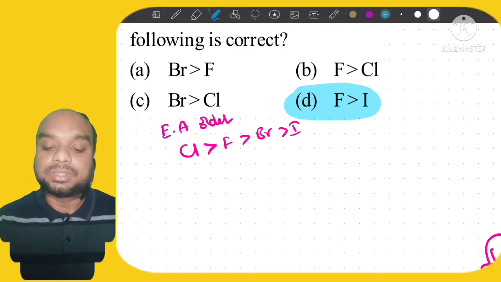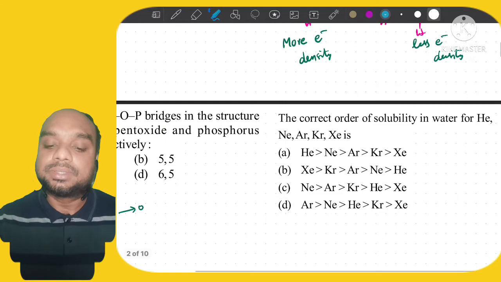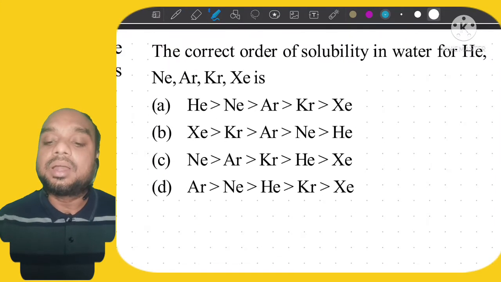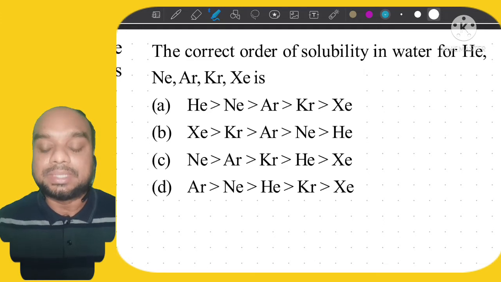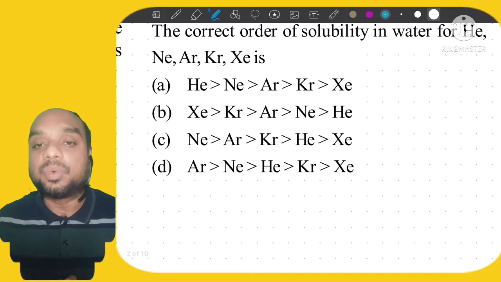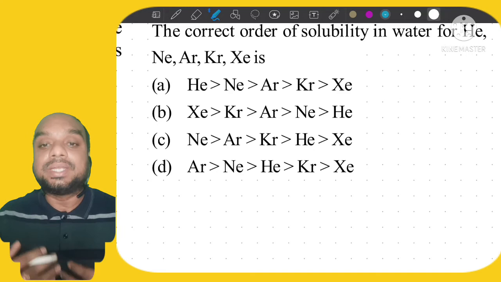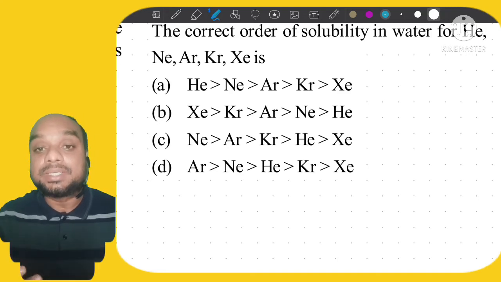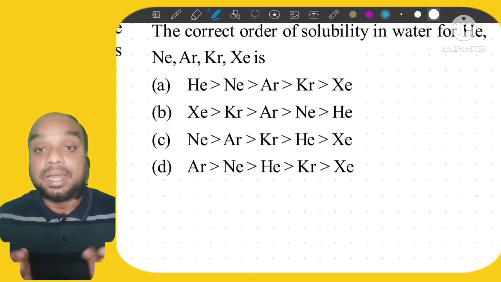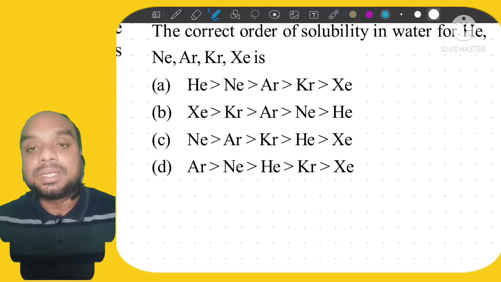Okay students, next question. The correct order of solubility in water for helium, neon, argon, krypton, xenon. Here the important thing is that as size increases, surface area increases, van der Waals attractions increase, London forces increase. Helium, neon, argon, krypton and xenon are non-polar gases.